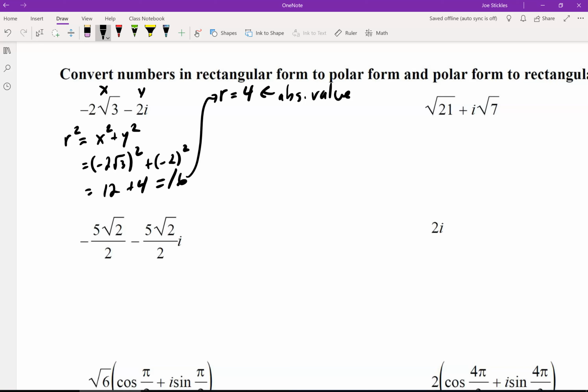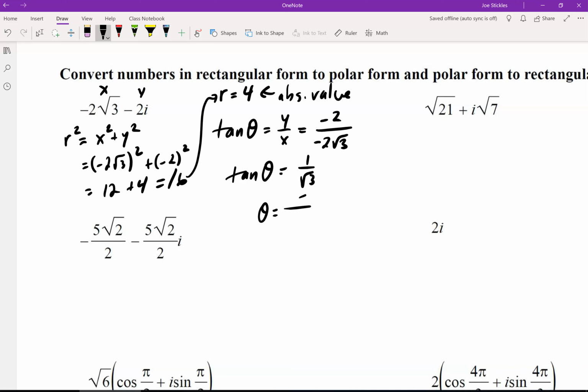Okay. Now we need to find theta. We remember that tangent of theta is y over x. Y in this case is negative 2, and x is negative 2 root 3. So we get tangent of theta is equal to 1 over root 3. Well, we know that one angle that gives us a tangent of 1 over root 3 is pi over 6.